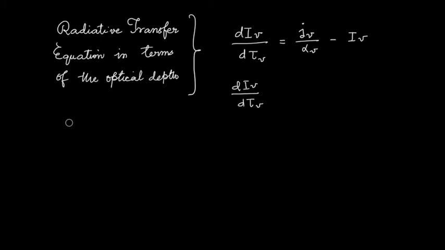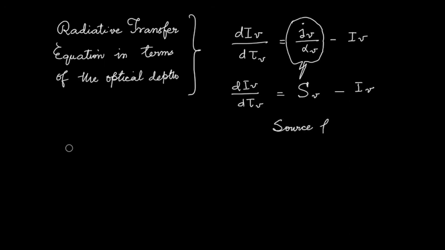The other way of writing it is again defining something new now, which is S nu. It's nothing but j nu by alpha nu.